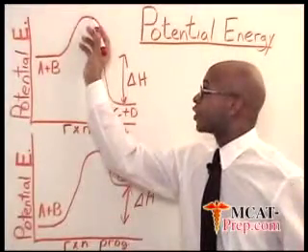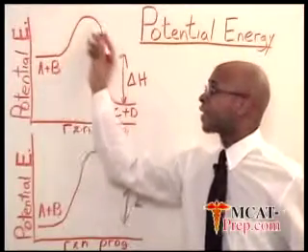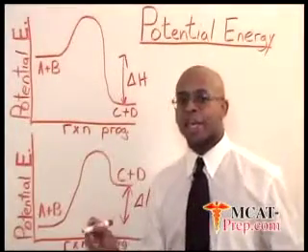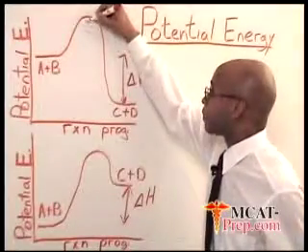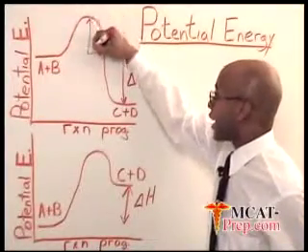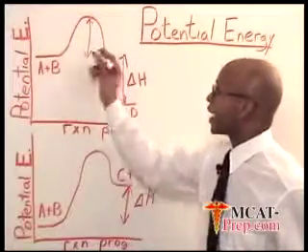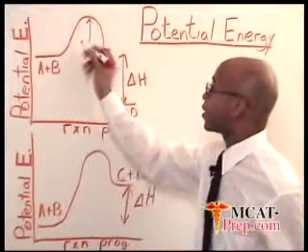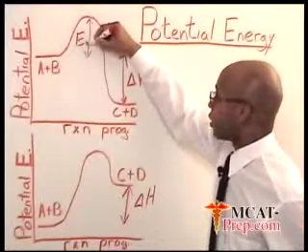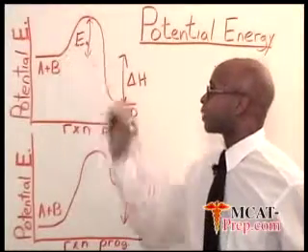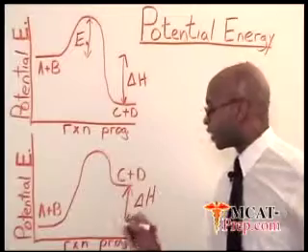Now, the difference in energy between the reactants and the activated complex is called the activation energy. So that's between here and here. This is the activation energy, and it is symbolized by an E with a subscript A. That's the activation energy here.